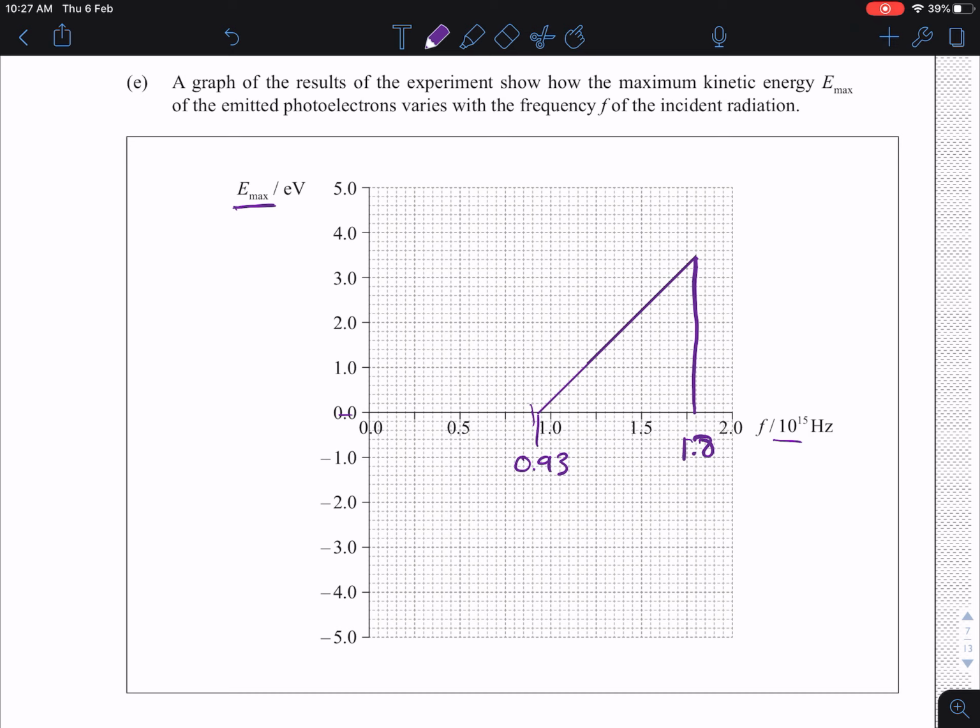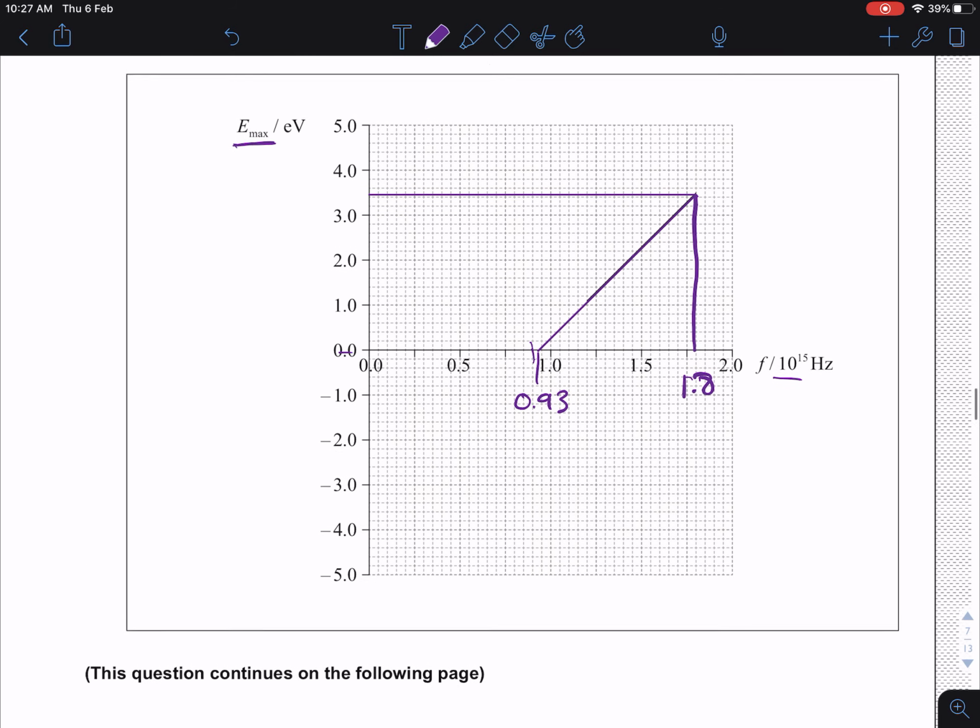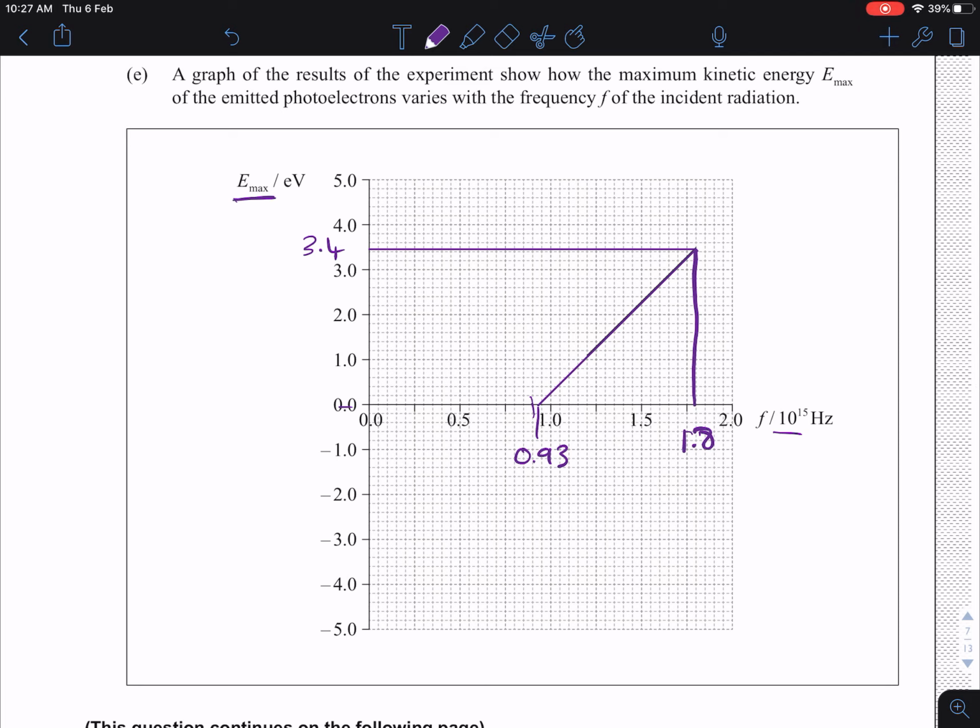And then across here we get about just over 3.4. And then that one's 0. So the change in y is 3.4 electron volts. The change in x is 1.8 minus 0.93, which is 0.87, times 10 to the 15, remember.